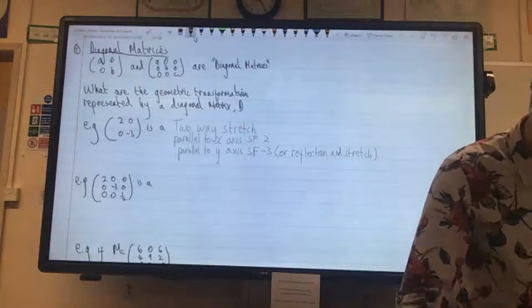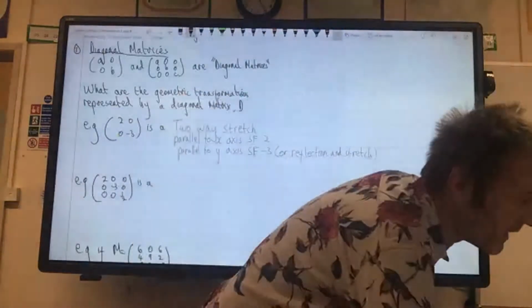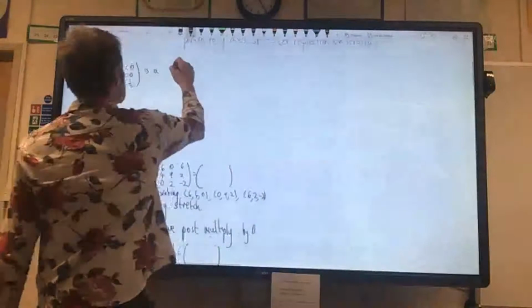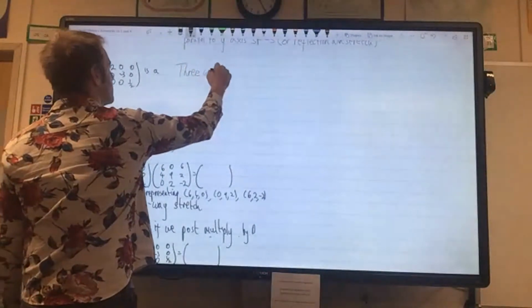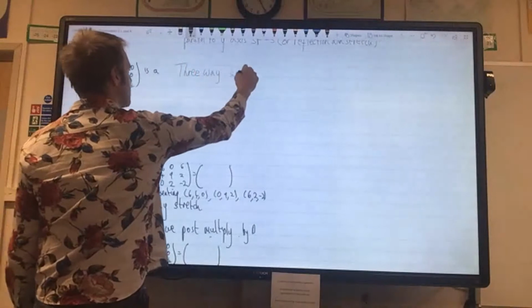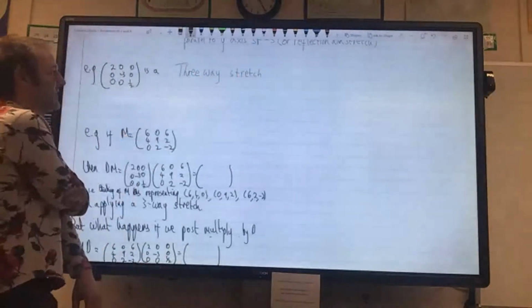2, 0, 0, 0, minus 3, 0, 0, 0, half is obviously a three-dimensional matrix. It's a three-way stretch. So you stretch everything parallel to the x-axis by a factor of 2, parallel to the y-axis by -3, and parallel to the z-axis by a factor of half.